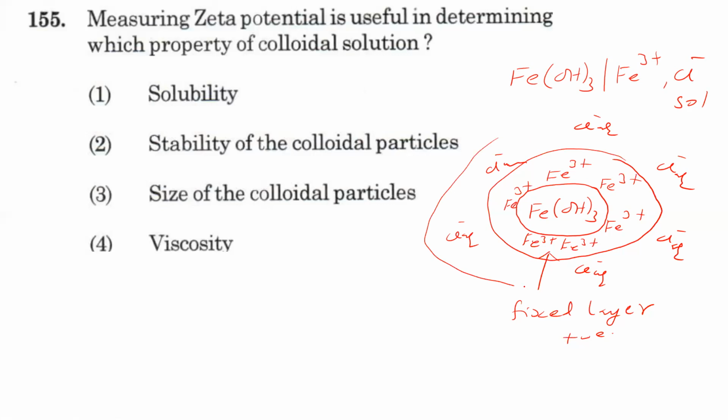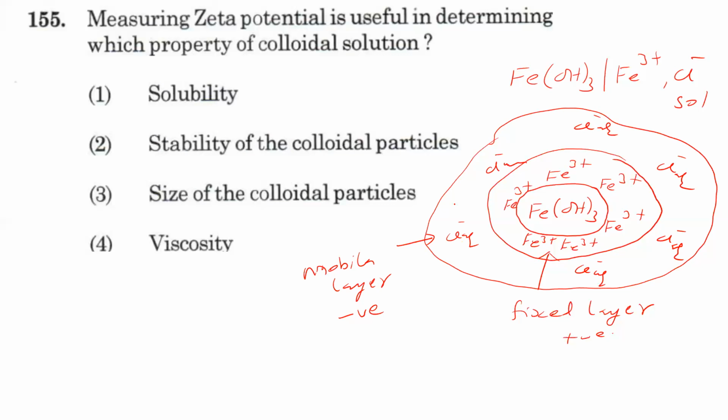This Cl minus aqueous is a mobile layer, a moving layer, and this mobile layer has negative charge. Now the fixed layer is positive charge and the mobile layer is negative charge.